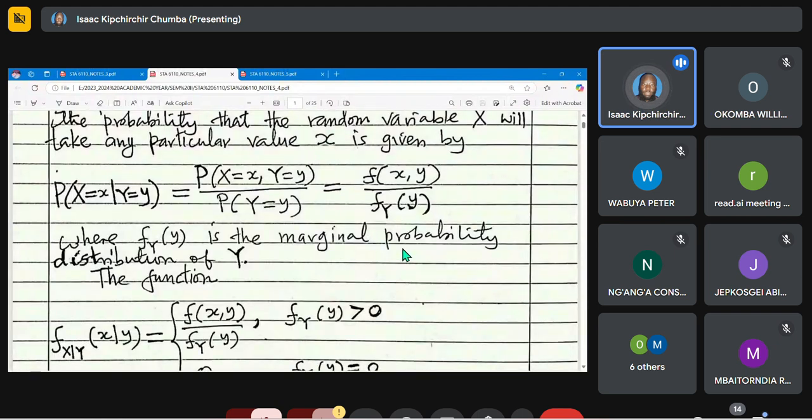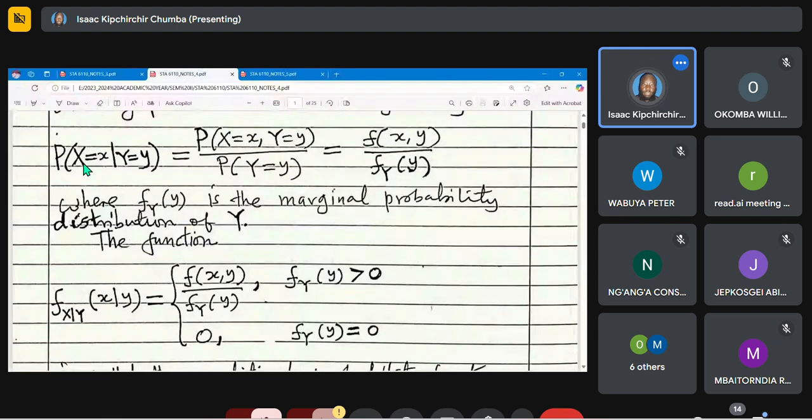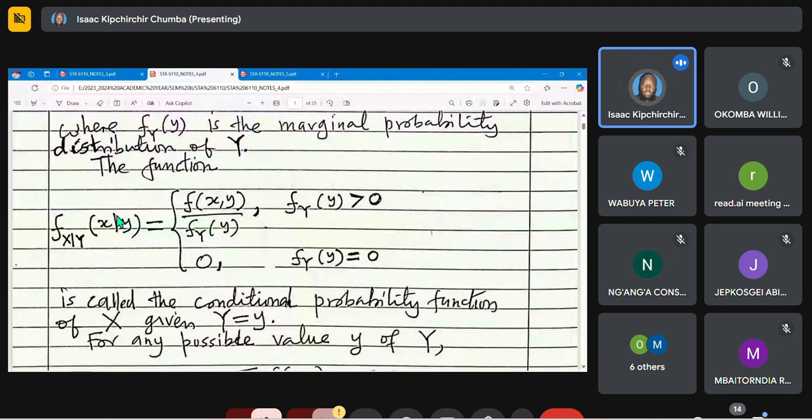Now we want to give a notation for this conditional probability, and we shall be calling it the conditional probability function. So the way we are writing here, the probability that x equals x given that y equals y, the argument of this function will be x given y. So it will be a function of x for given y. That means y has been observed by the random variable y.